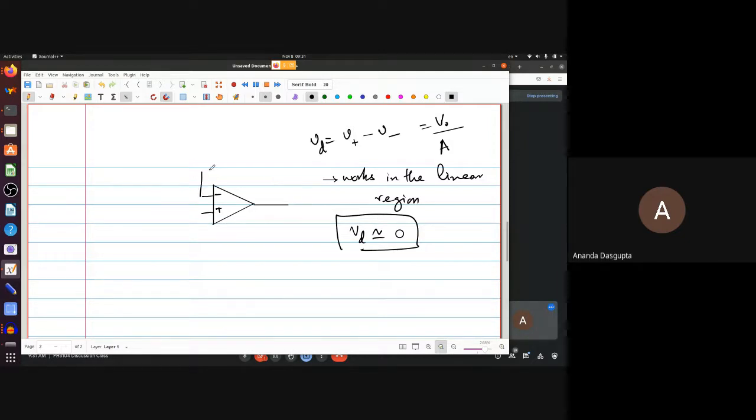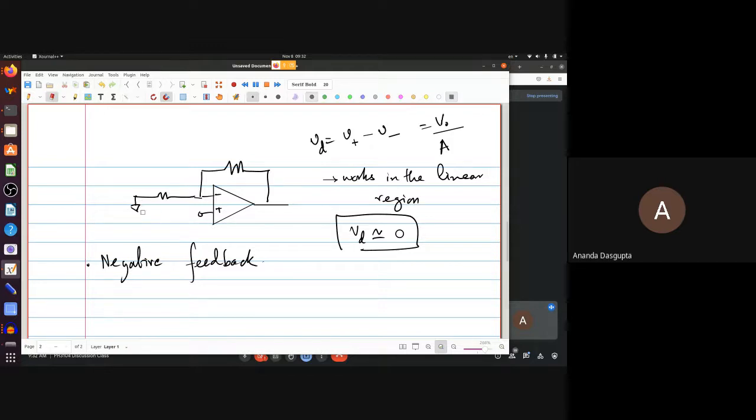So without negative feedback, without a part of the output being fed back to the input, there is at least a very remote possibility of achieving VD nearly zero, or of the op-amp working in the linear region. So negative feedback is a must. But that is not enough, in the sense that you have to have enough negative feedback.